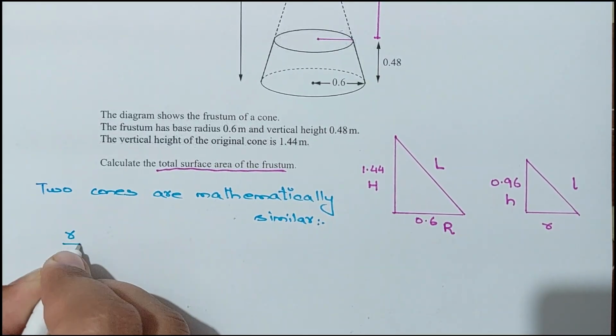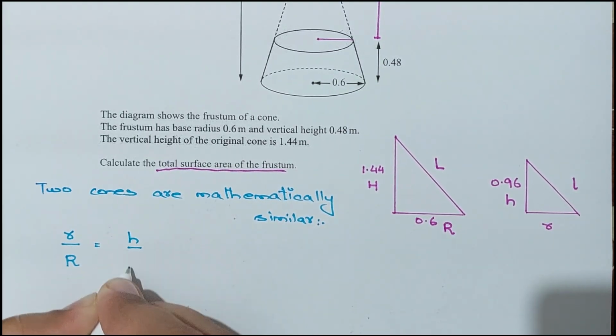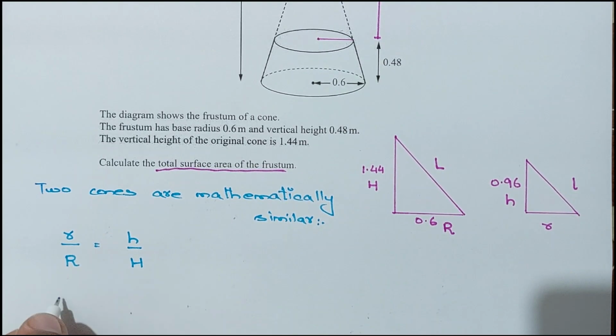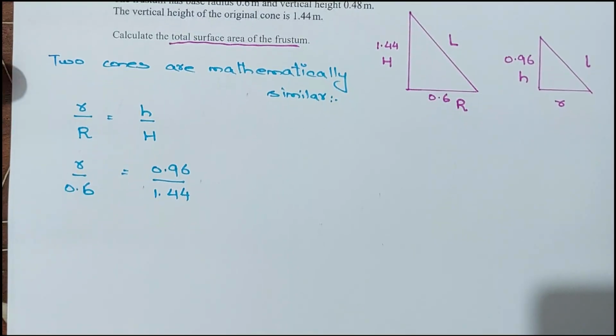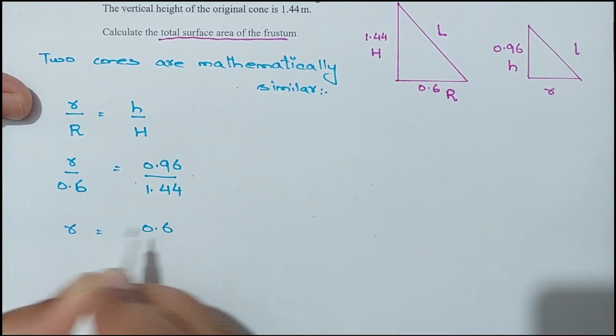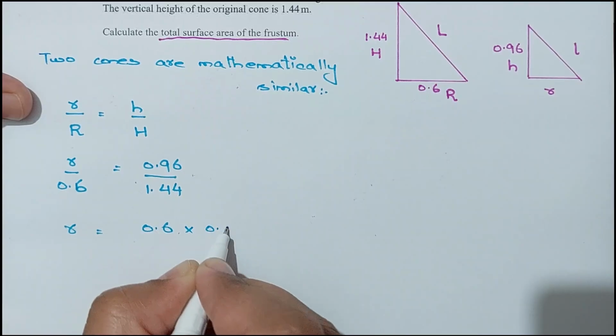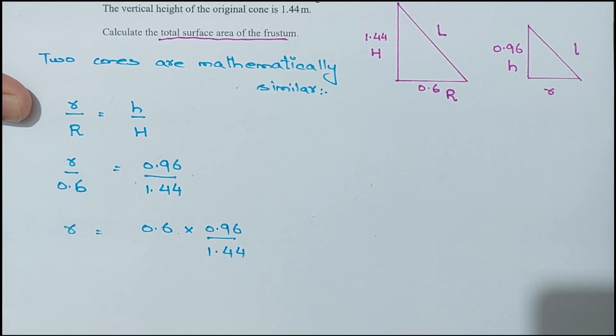The ratio of the smaller radius over the larger radius is equal to the height of the smaller one over the height of the larger one. The larger radius is 0.6. The height of the smaller is 0.96 and the height of the larger is 1.44. Let me solve for the radius of the smaller one. So this would be 0.6, cross multiplied, times 0.96 over 1.44. Let me solve this and get the radius.